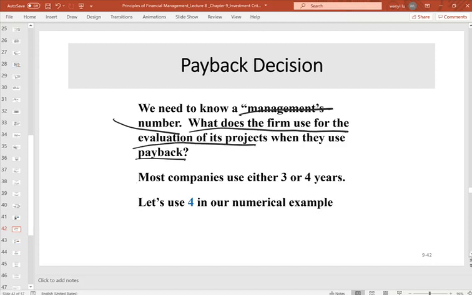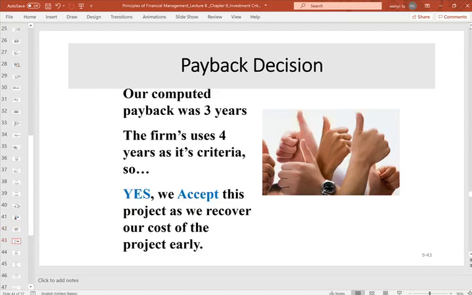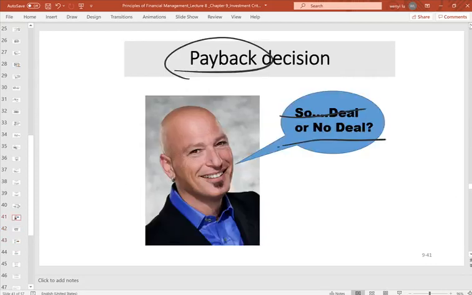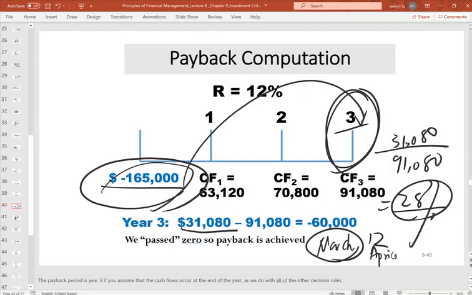For example, most companies use either 3 or 4 years. Let's use 4 years in our numerical example. We solved our payback period in the last example. It's in the third year, 2.28. Sorry, 2.28, right?